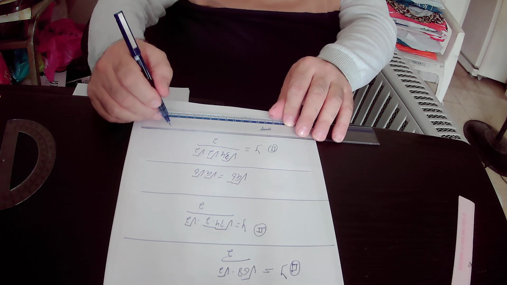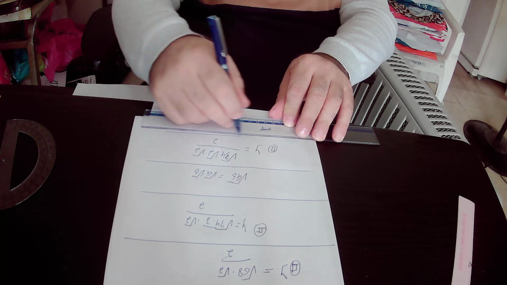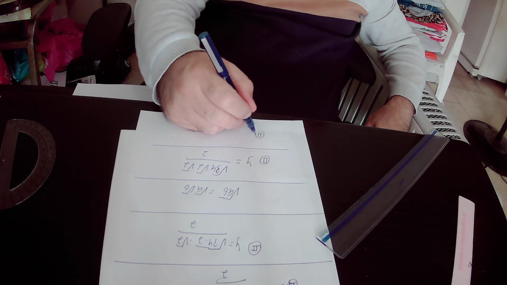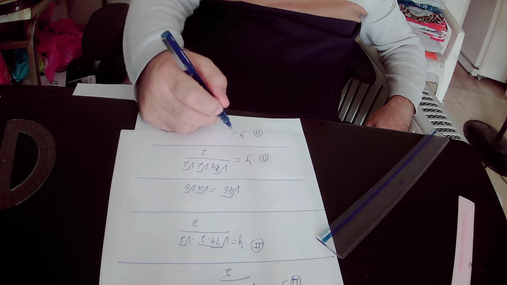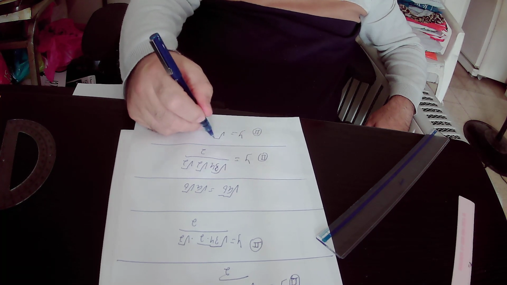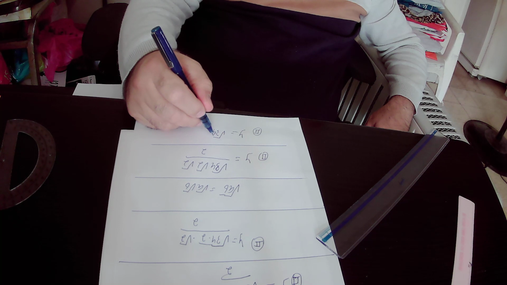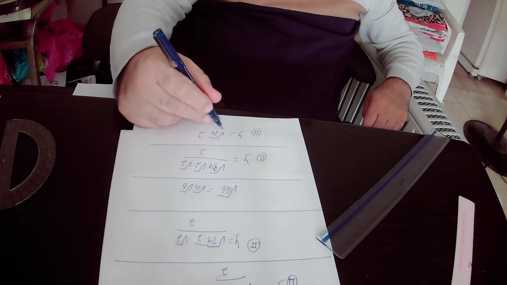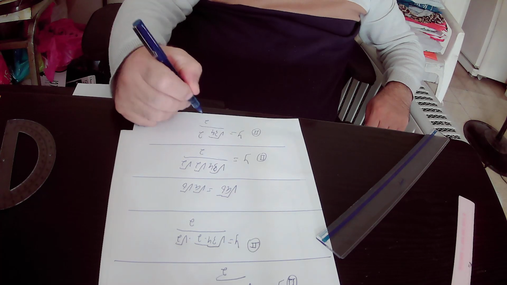So square root of 2 times square root of 2 is 2. So I write it down that y equals square root of 34. Again, square root of 2 times square root of 2 is 2 over 2.